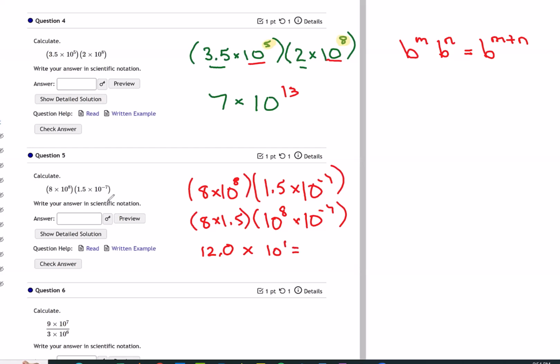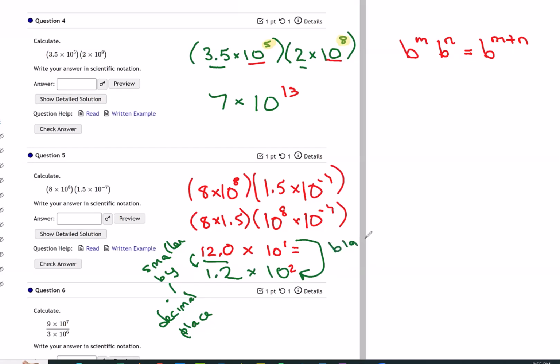And now it says to write our answer in scientific notation. Since 12 is not in scientific notation, because remember, it's only one number in front of the decimal, I have to make this 1.2, which means I've made this number smaller by 1 decimal place, which means I have to make the 10 bigger by 1. 12 got smaller by 1 decimal place, 10 gets bigger by 1 decimal place.